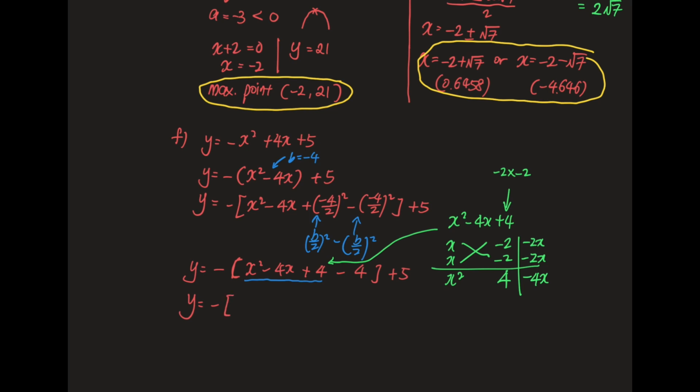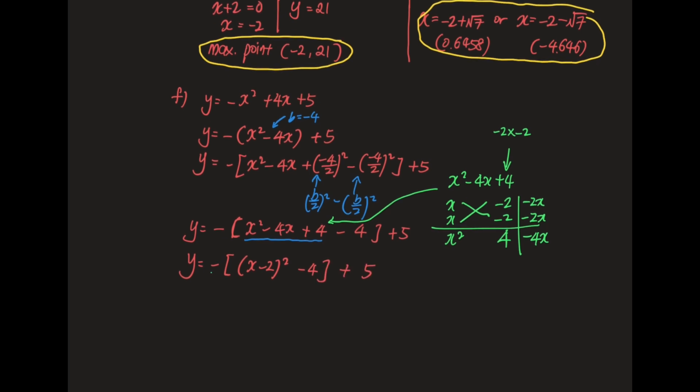We take the first factor, x minus 2, and the second factor, also x minus 2, and put it in brackets: x minus 2 squared.